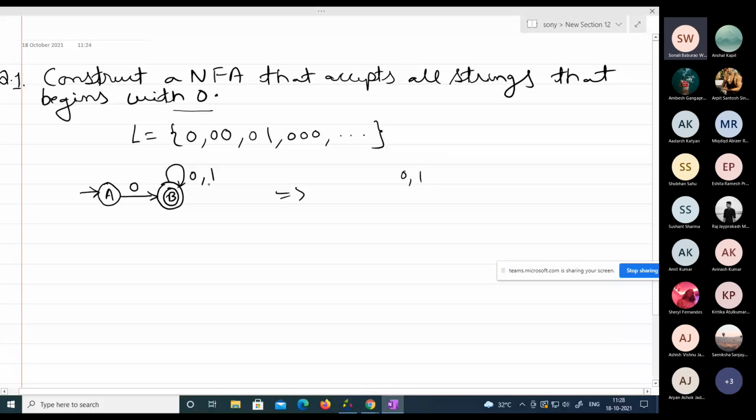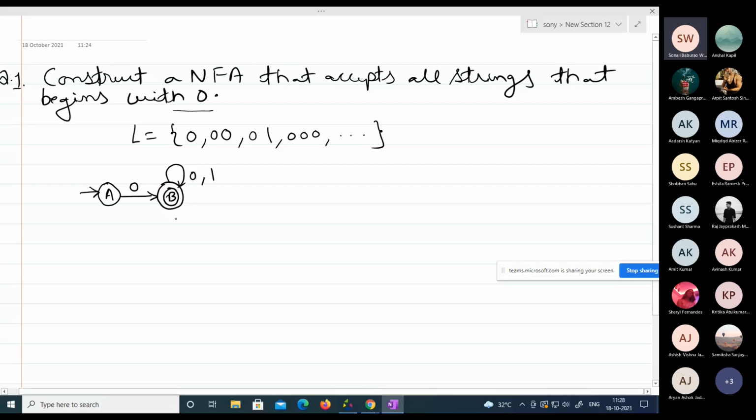There is no necessity for showing all the inputs. The only condition should be satisfied. This is our NFA. Any questions in this? You can ask. I guess no questions, then I'll proceed further. Is it clear? Yes, ma'am.